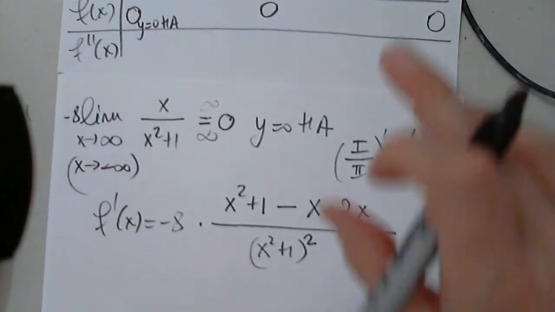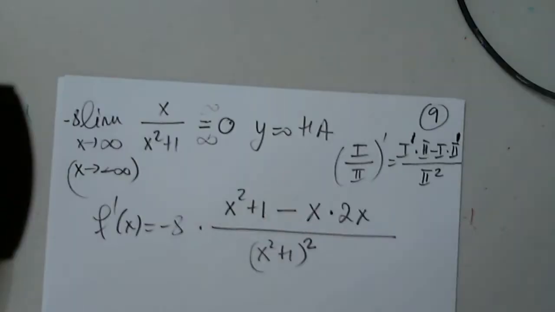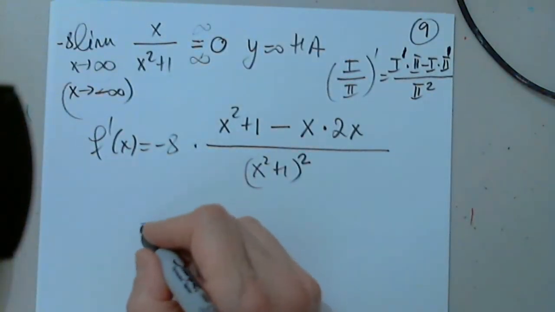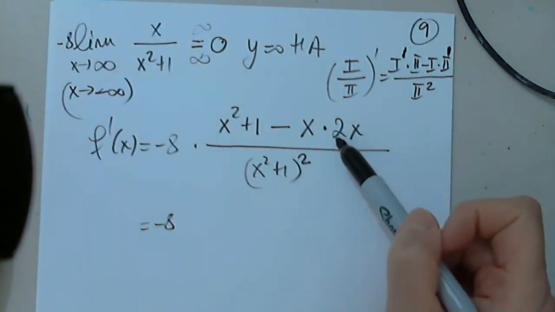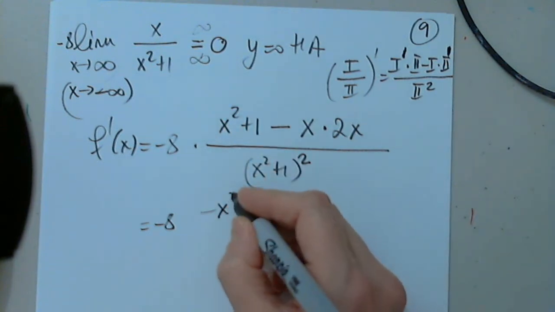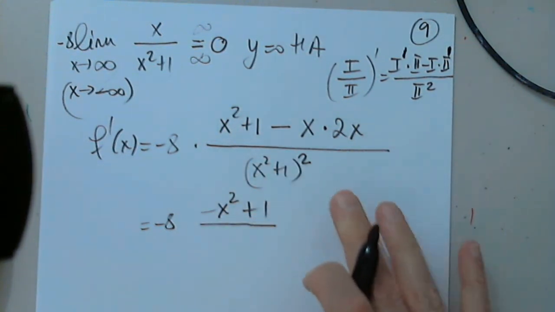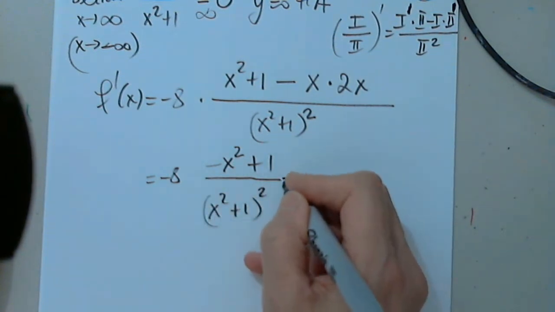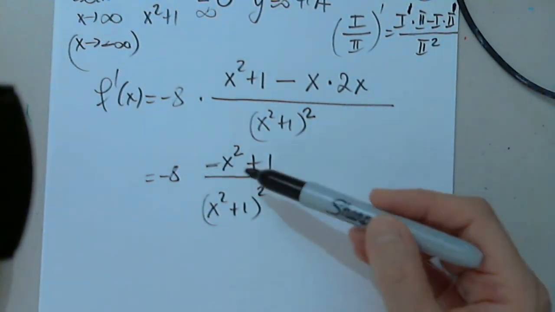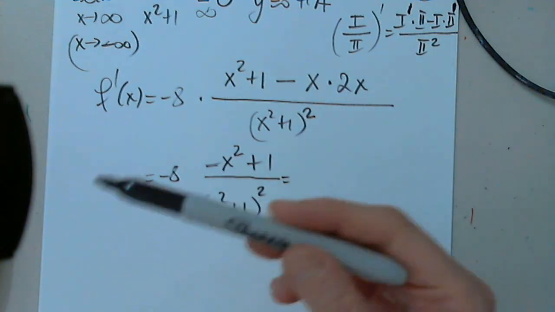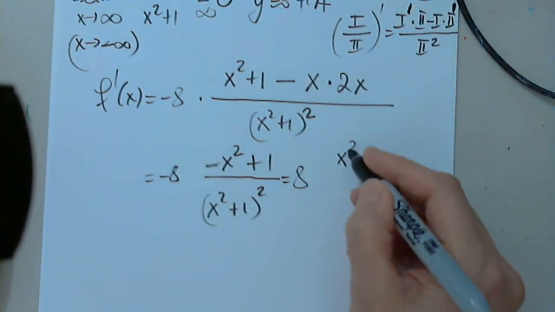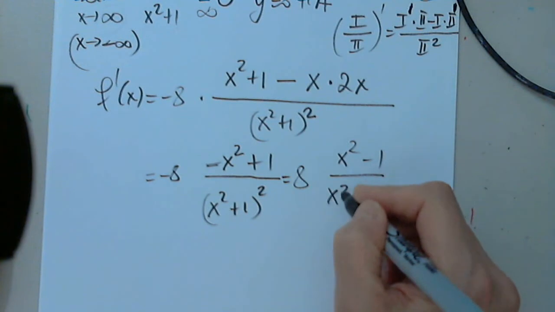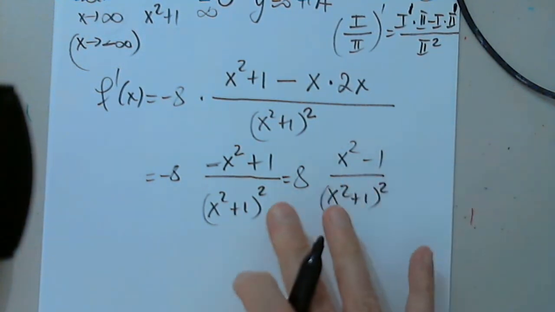So then I continue. Every time I find out something else, I come back to the table. So this is negative 8. Negative 2x squared plus x squared is negative x squared and plus 1 over x squared plus 1 squared. I hope you are allergic like I am to negative leading coefficients. Pull it out. 8 x squared minus 1 over x squared plus 1 squared.